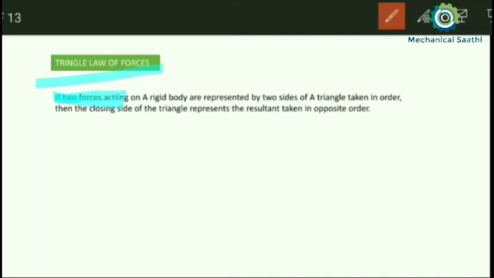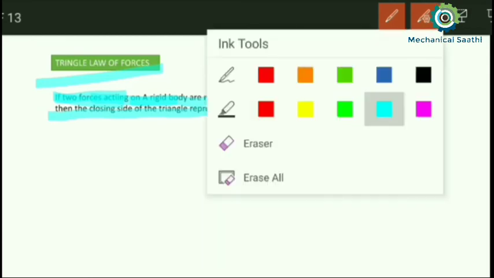If two forces acting on a rigid body are represented by two sides of a triangle taken in order, where order means the direction is in a particular single order, and the closing side of that triangle represents the resultant of those two forces, taken in the opposite order.